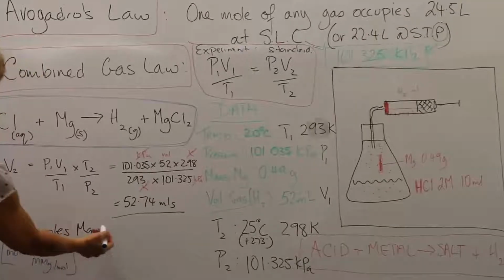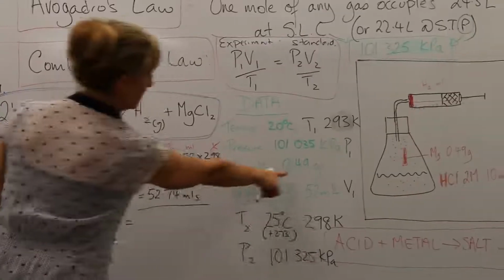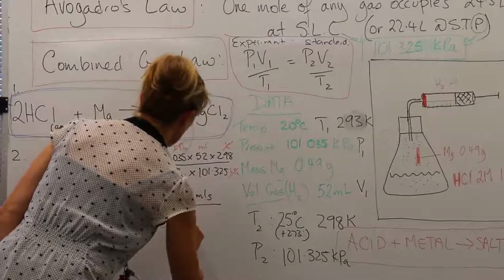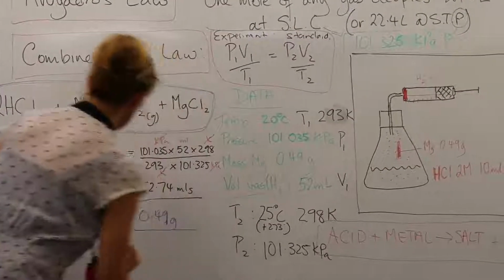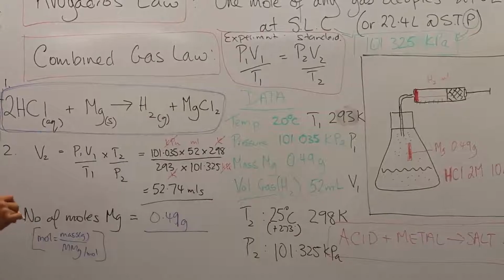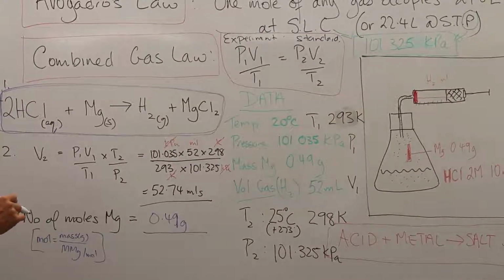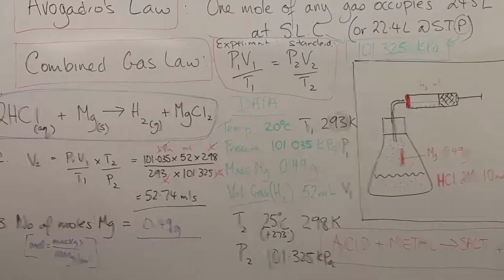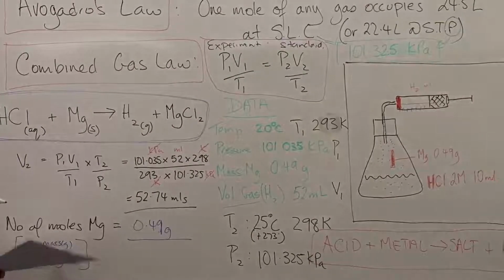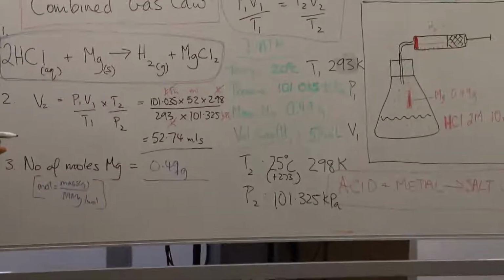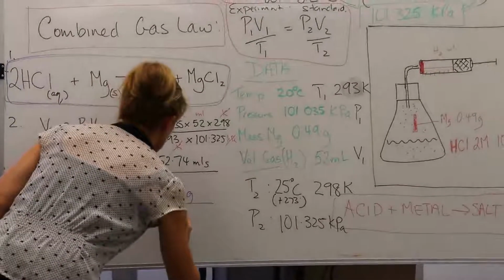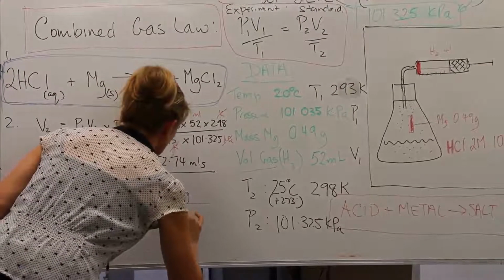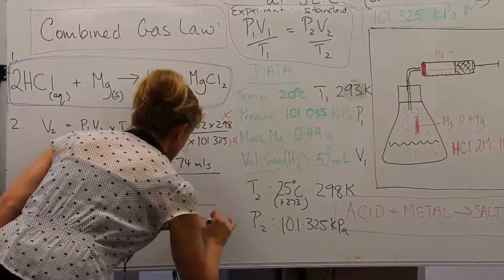So the mass of our magnesium is 0.49 grams over, what does your periodic table say the mass is? So how many grams per mole? 24.312. Yes. So we're just going to go to 2 decimal places, 24.31 grams per mole.